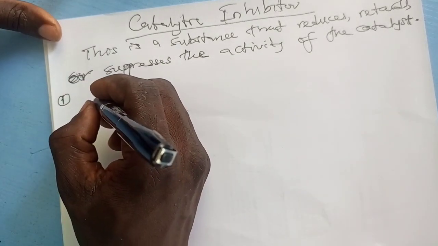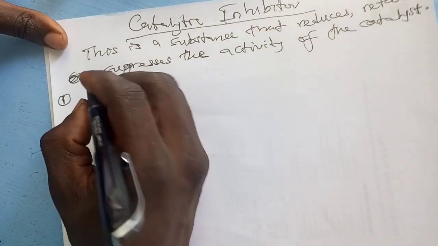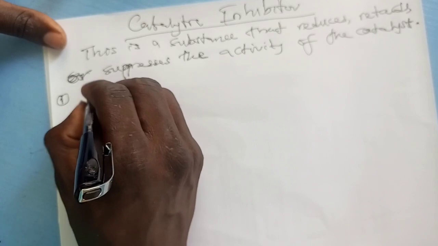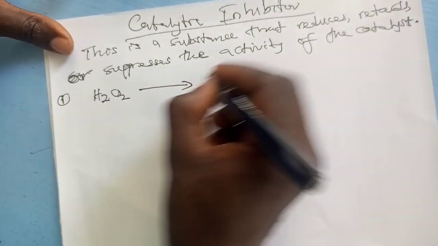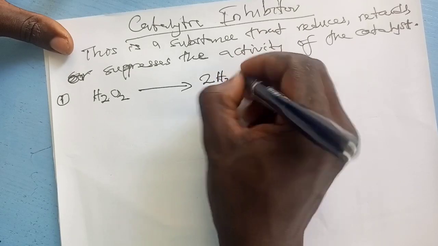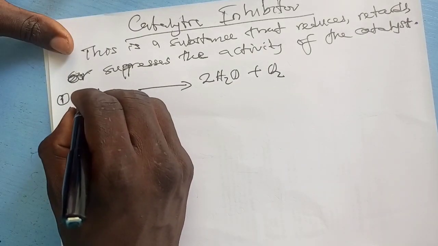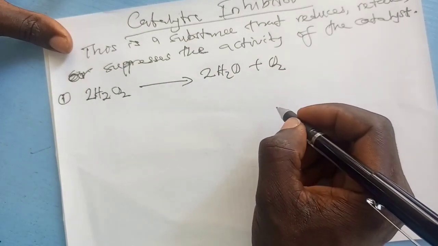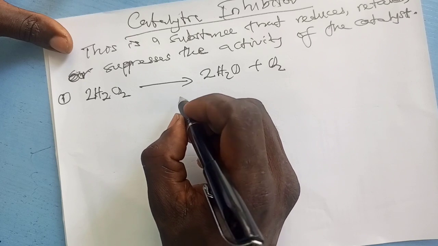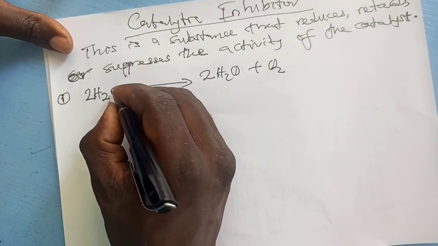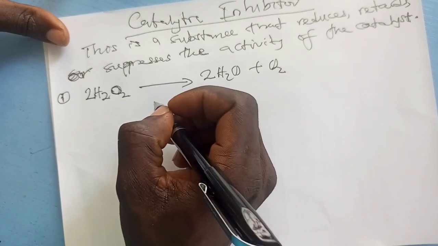For example, I talked about the decomposition of hydrogen peroxide. You have hydrogen peroxide as H2O2. When it decomposes, you have 2H2O plus O2. I think it's not balanced, you have 2 here. This is a reaction that on its own is usually very fast.